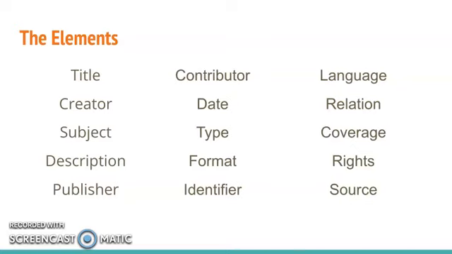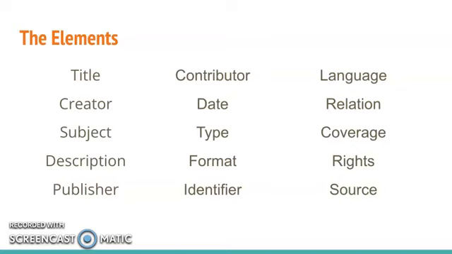Description, an account of the content; publisher, an entity responsible for making the resource available; contributor, an entity responsible for making some contribution to the resource not covered by the other elements; date, a date associated with an event relevant to the resource, such as its creation, digitization, or modification. This may also be a time span.